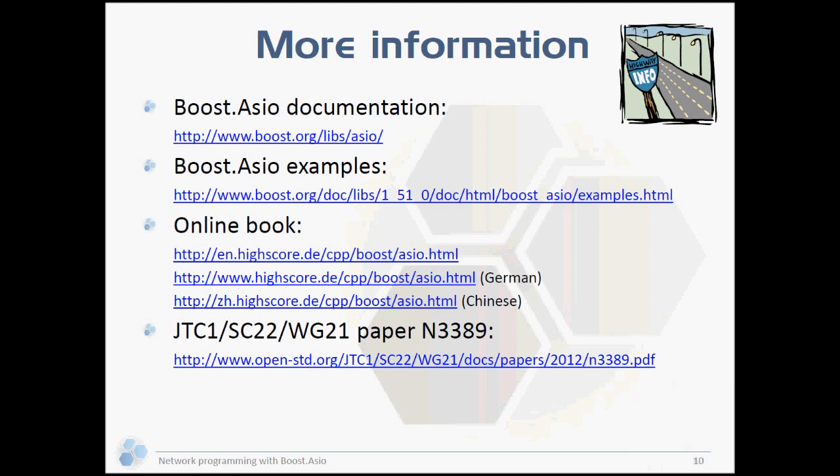I think this paper has also been written by Chris, and these are ideas on how to put network functions into a future C++ standard. It does not necessarily have to be based on Boost.Asio, because other people may want classes which are easier to use, maybe something like the IP TCP IOStream class, which looks very simple. There are different ideas, different thoughts, so maybe that's another interesting paper to read.